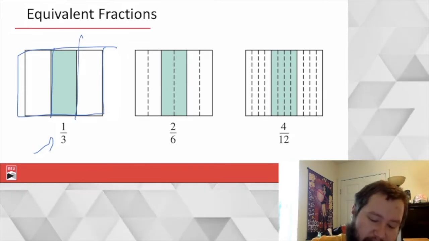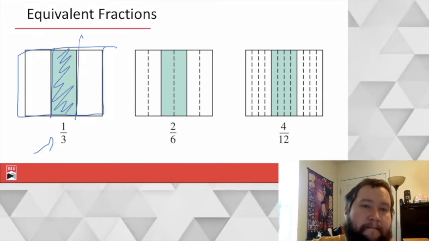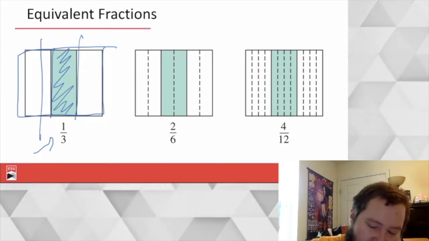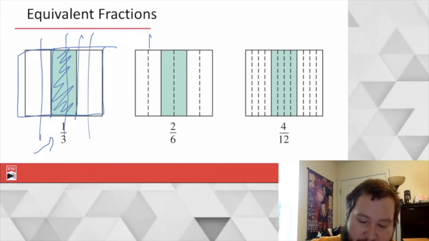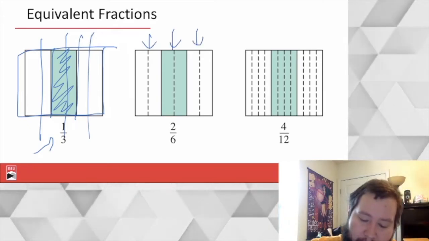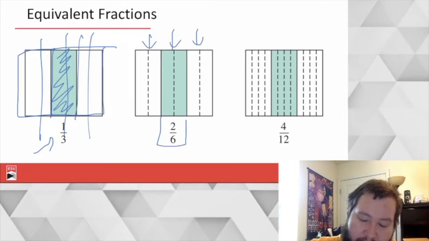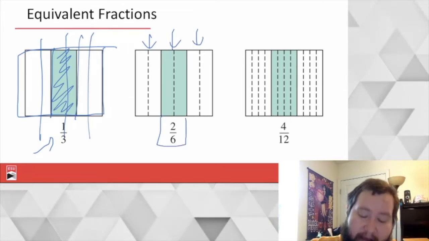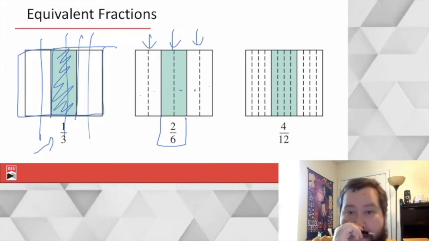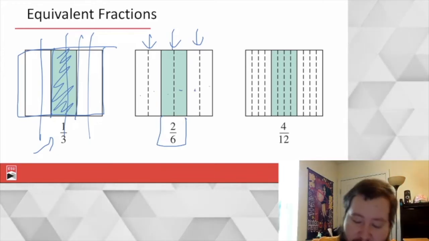And one of them is shaded. We could also go through and split each of these in half, which is what we see here. And when we do that, we see that not thirds now, but 1, 2, 3, 4, 5, 6, 2/6 are shaded.